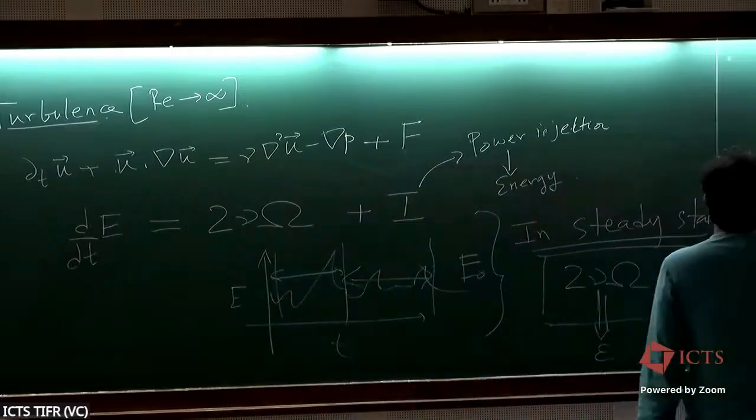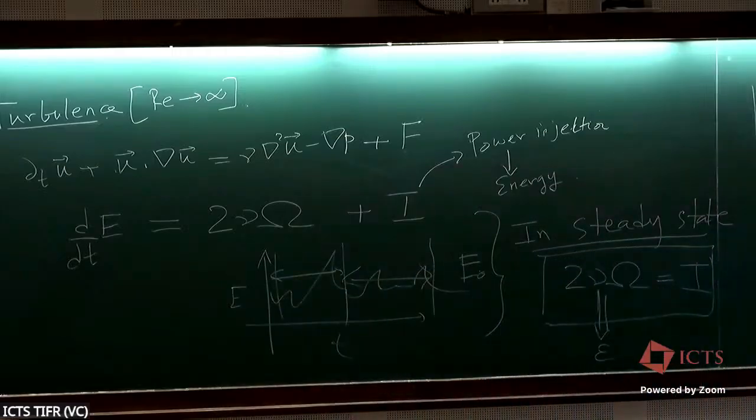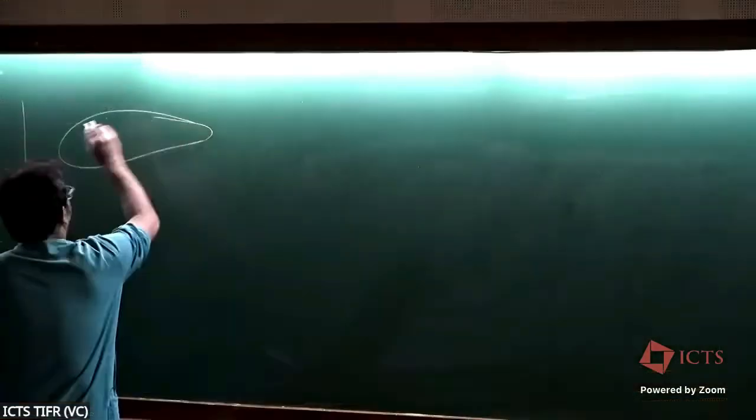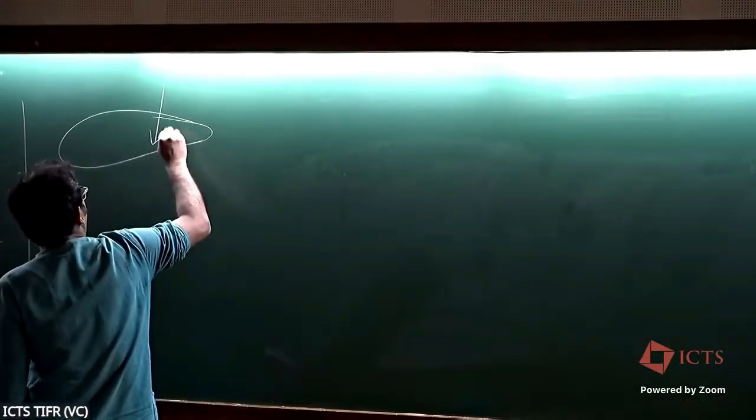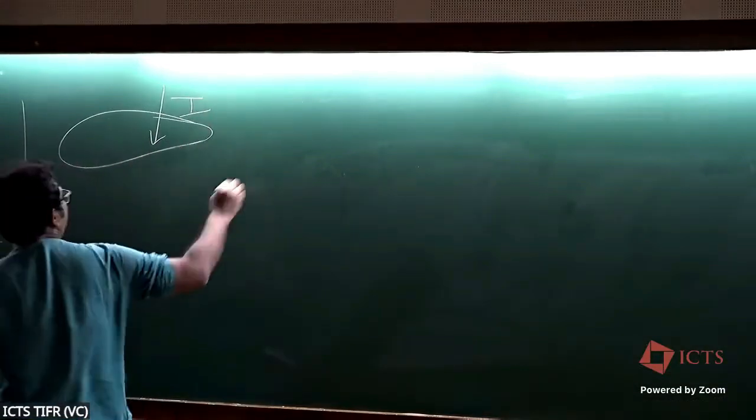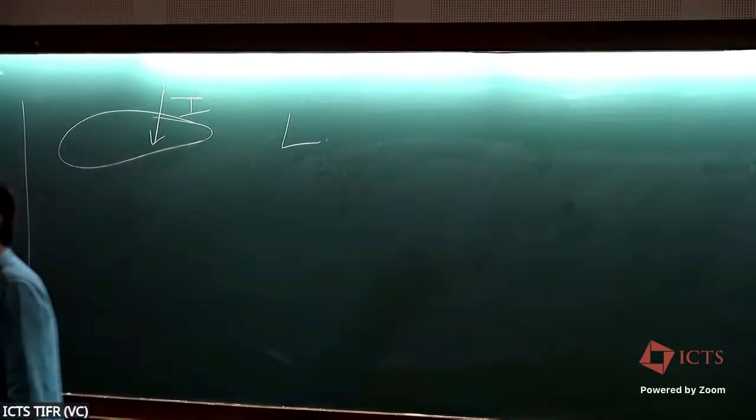So before more formal definitions of what is about to follow, this whole picture has a very nice phenomenological idea behind it, and I'm going to sketch that out. And certainly tomorrow, I'll also be using this picture quite a bit and make modifications to it. But essentially what this says is that you are injecting energy at some large scale L that I don't care about.